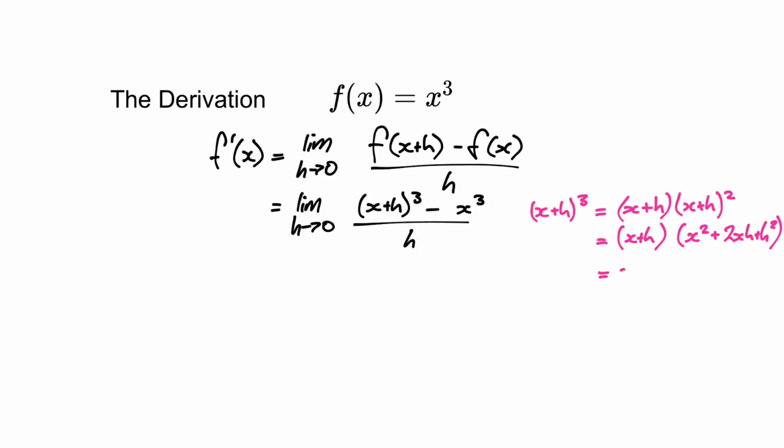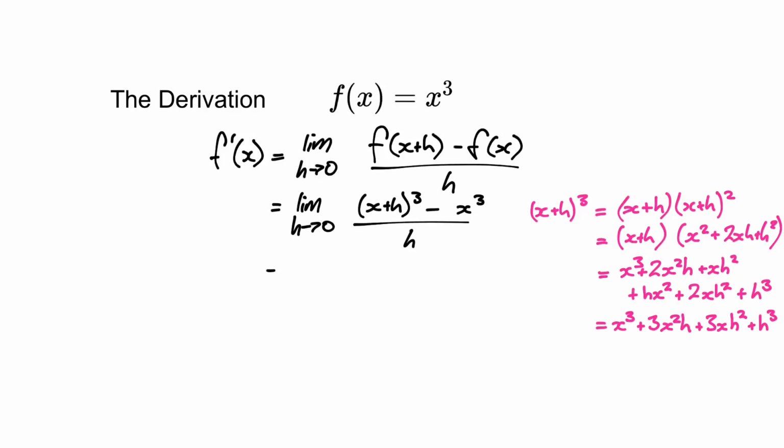Which is going to give us x cubed plus 2x squared h plus xh squared plus hx squared plus 2xh squared plus h cubed, which simplifies to x cubed plus 3x squared h plus 3xh squared plus h cubed, which we can then put back into our original function.